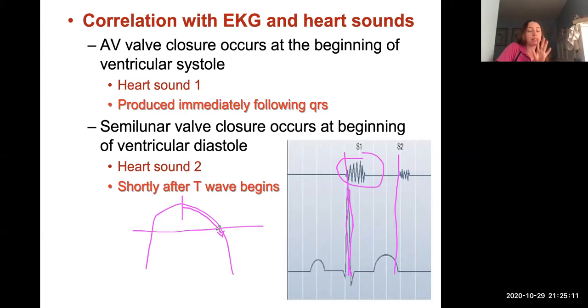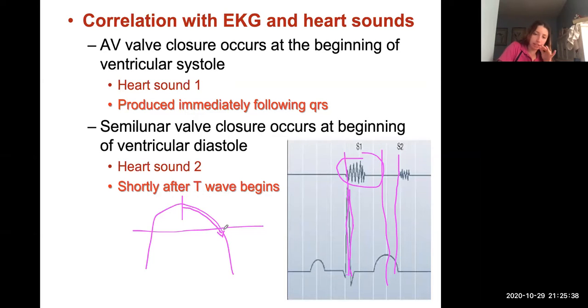The cells are repolarizing, and about right here would be basically where the ventricles start to relax, like about the middle. But even though it's relaxing, it's still going down, and it's still above aortic pressure.